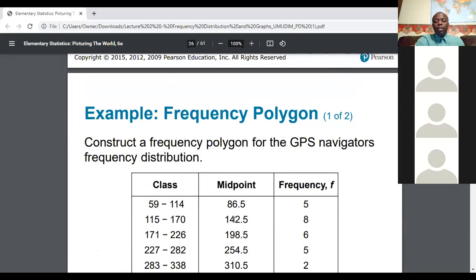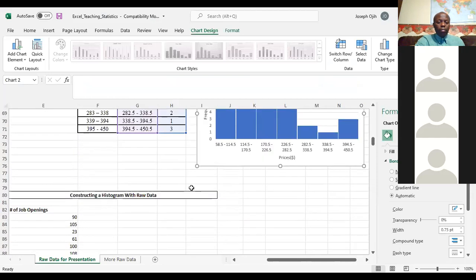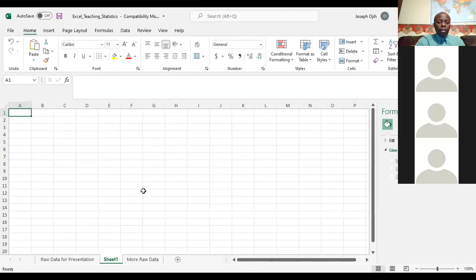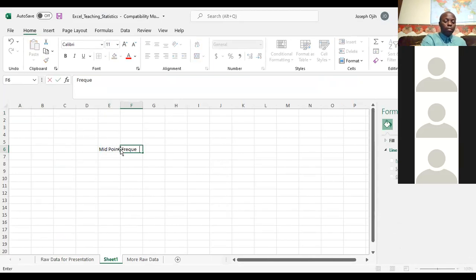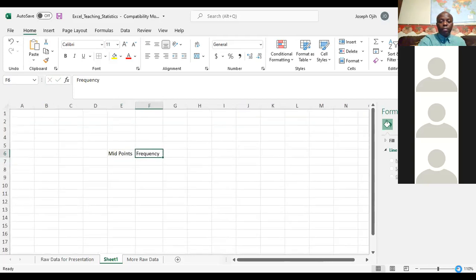Again, you can use freehand sketches, but for this class we're using Excel. So let me take you to Excel so I can draw it. I'm going to put them in a new workbook. Midpoints and frequency. I'll make it a little bit bigger.